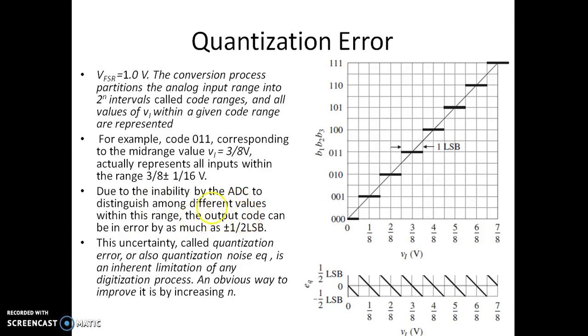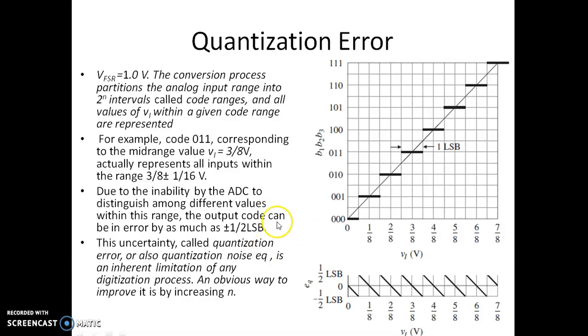This uncertainty is called quantization error, also quantization noise, denoted EQ. It is an inherent limitation of any digitization process, because you cannot have every analog input voltage represented by its equivalent bit. So we are going to have some quantization error.